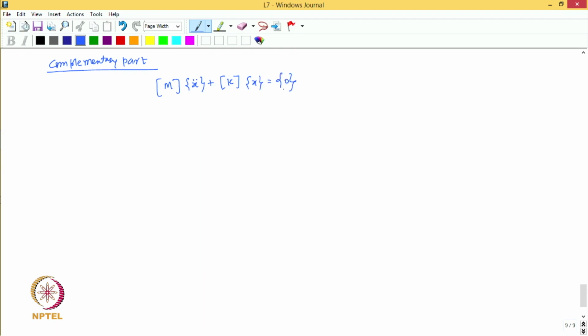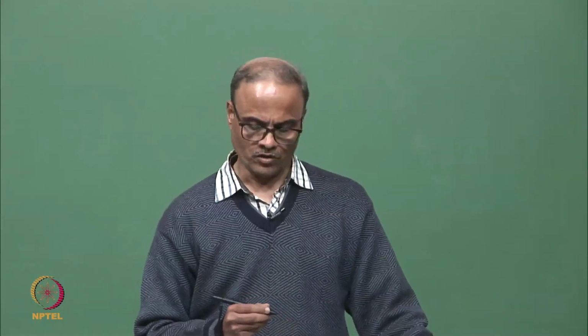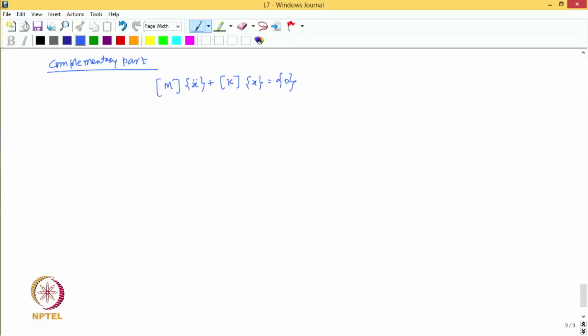Already we have obtained a general solution of this homogeneous equation in the previous lecture. So, we can combine that with the steady state solution to obtain the total solution, the complete solution.